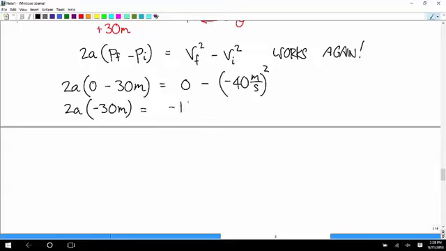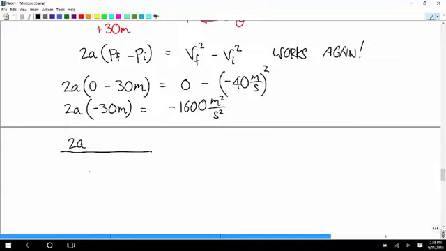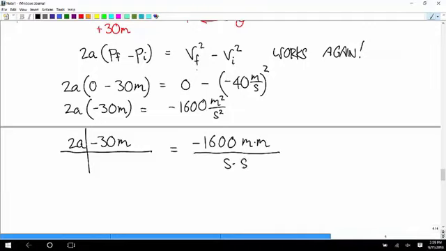So negative 1600 meters squared per second squared. And now I'm going to write it out in that format for converting units. So we have 2a times negative 30 meters is equal to negative 1600 meters times meters over seconds times seconds.